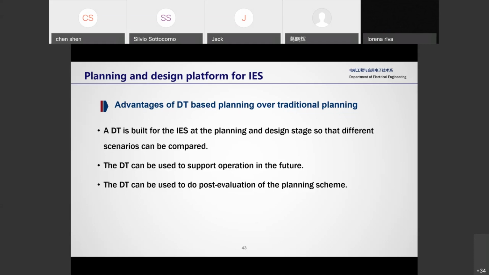The third advantage is that the DT can be used to do post-evaluation of the planning scheme so that we can find what's wrong if the system doesn't work as it is planned, and we can find clues to improve the IES.